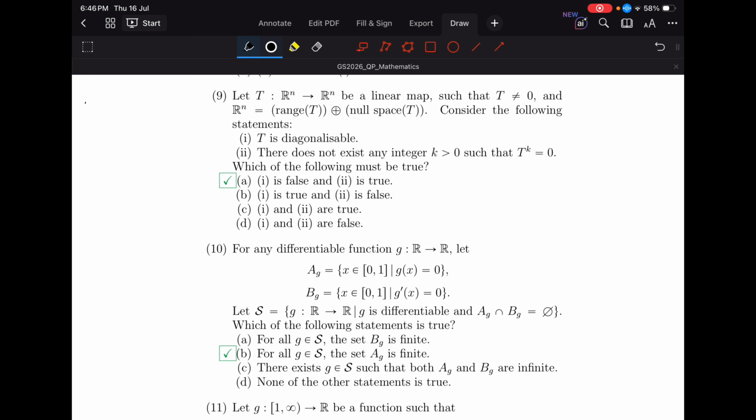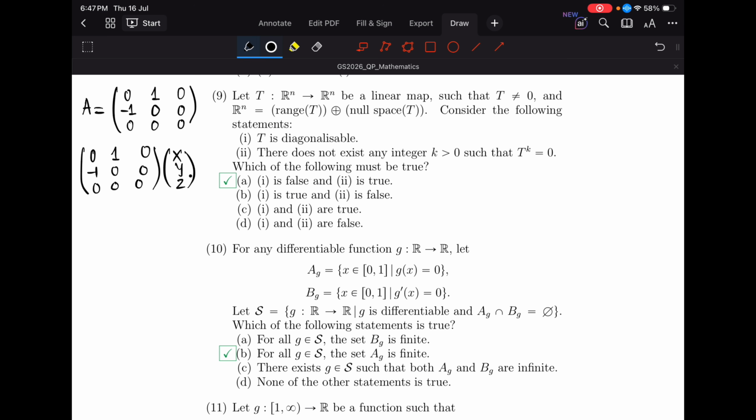So let us define a matrix which is 0 1 0, minus 1 0 0, 0 0 0. So when you find the kernel and the range, let us first compute the range of the matrix.